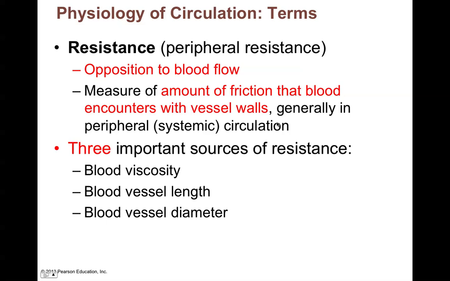This is opposition to blood flow. It's the measure of the amount of friction that blood encounters with the vessel walls, generally in the peripheral or systemic circulation. There are three important sources of resistance. One, blood viscosity, or the thickness of the blood. Two, blood vessel length. And three, blood vessel diameter.